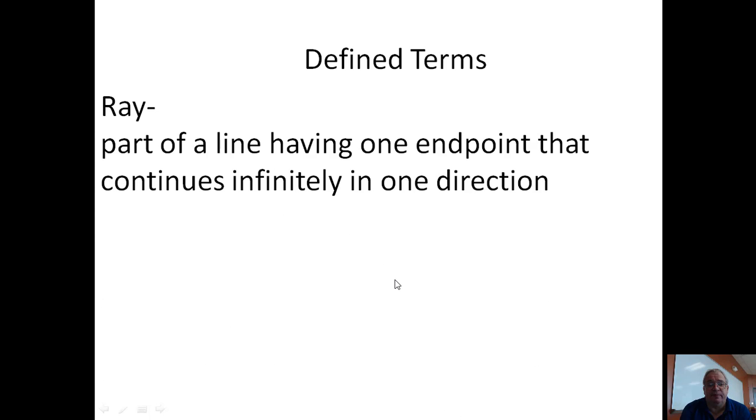Defined terms. Number 2, ray. A ray is part of a line having only 1 endpoint. It continues infinitely in only one direction. If you think about a flashlight, you shine a flashlight and the light goes in one direction. So that's a good illustration of a ray, maybe.